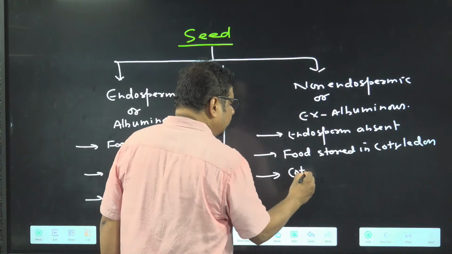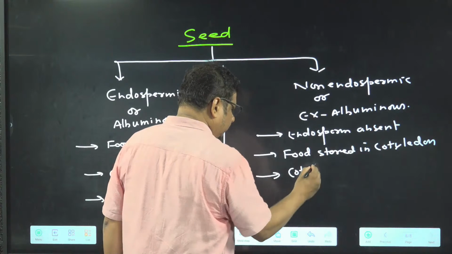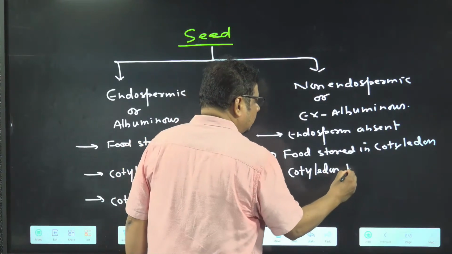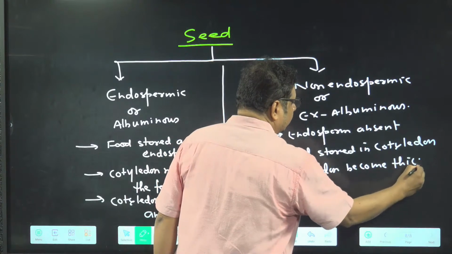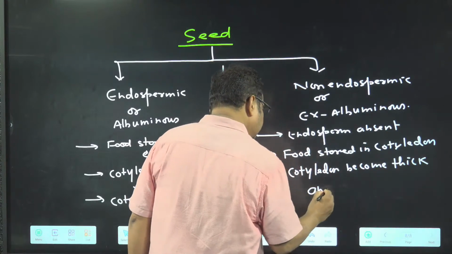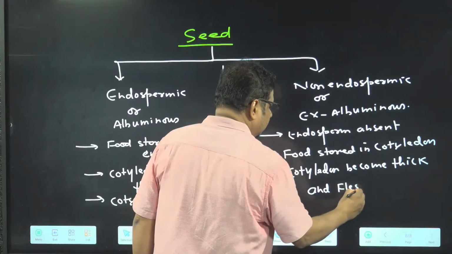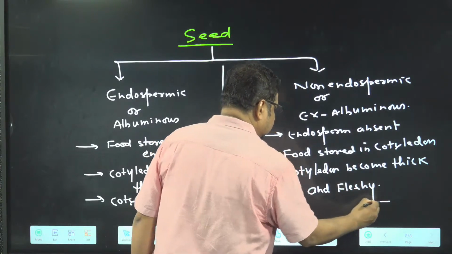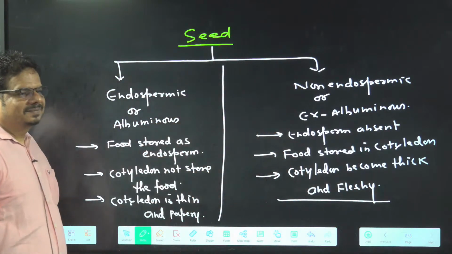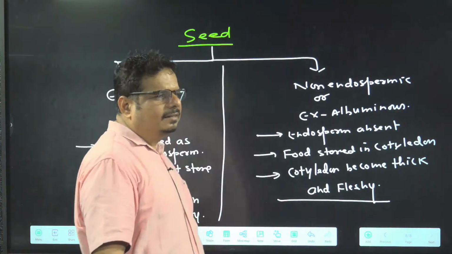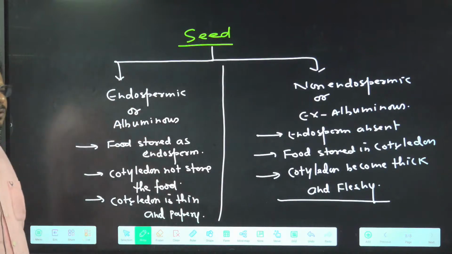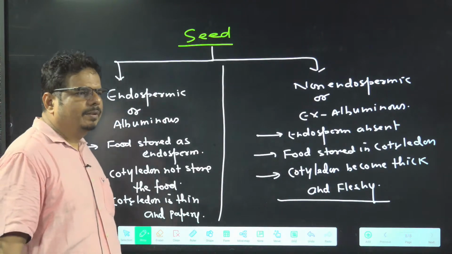The cotyledon becomes thick and fleshy. Clear? So these are some differences between endospermic and non-endospermic seeds.